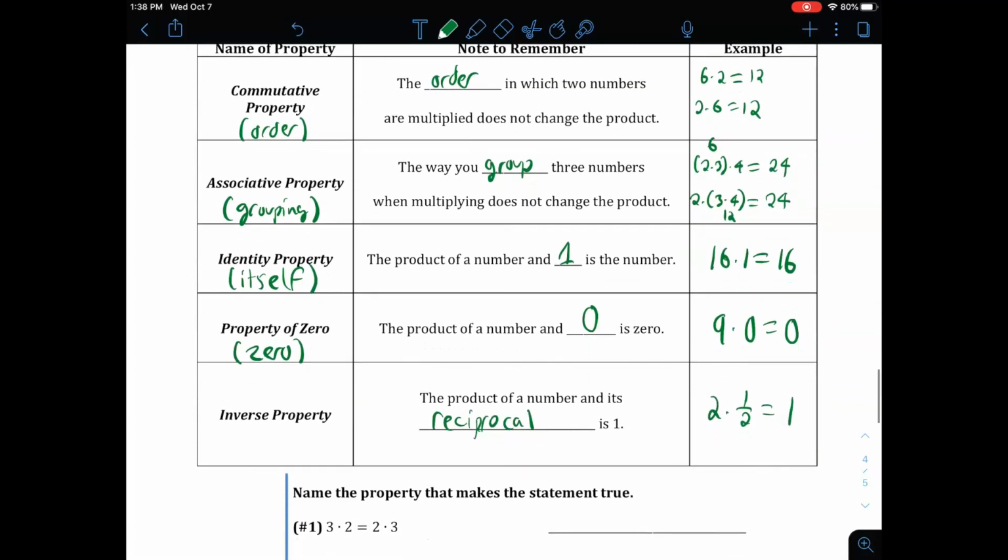So what we're going to put over here is back to identity. If you remember, the additive identity equals 0, and the multiplication identity equals 1.